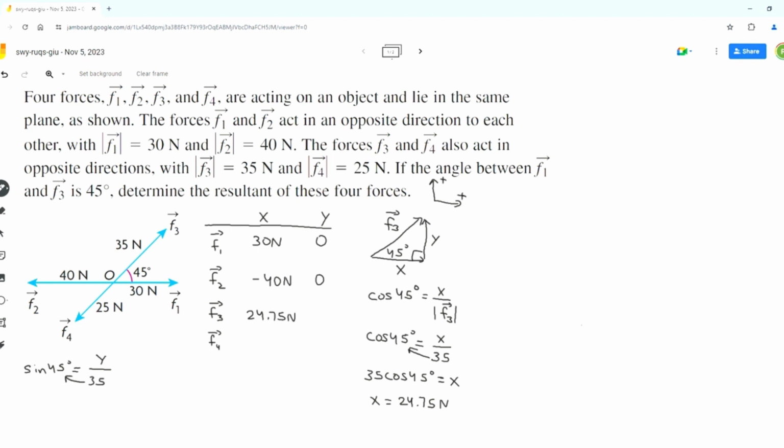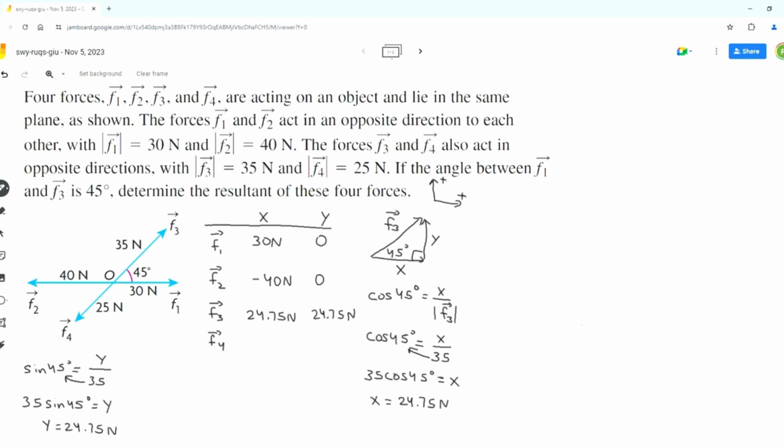We can cross multiply 35 times sin 45. So I got 24.75, and it will have a positive value because it's directed in the upward direction. So both x and y components are positive because F3 is going in the upward direction to the right side.